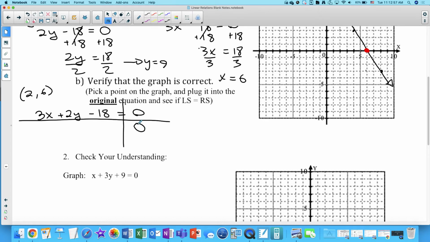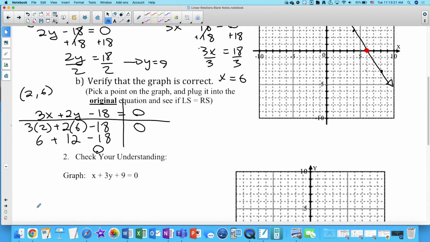Okay? Left side is going to be 3 times 2 plus 2 times 6 minus 18. Okay? And then that's 3 times 2 is 6 plus 2 times 6 is 12 minus 18. 6 plus 12 is 18. 18 minus 18 is 0.